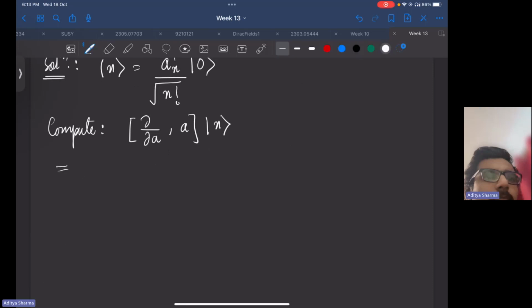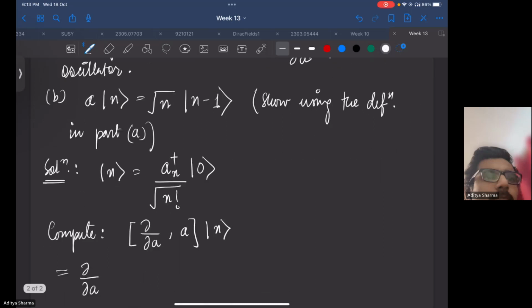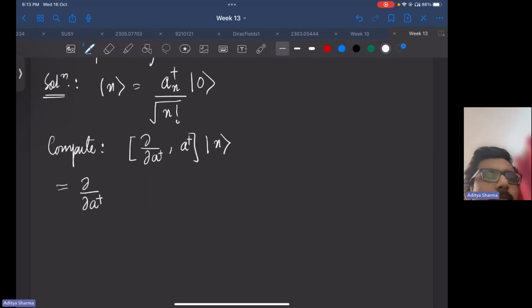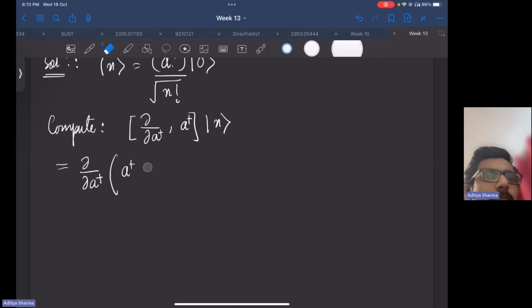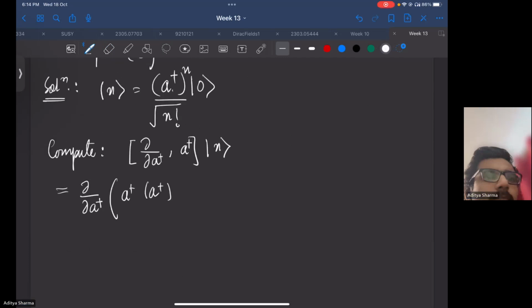So this gives us d/dA dagger acting on (A dagger)^n over square root of n factorial, on the vacuum state 0.